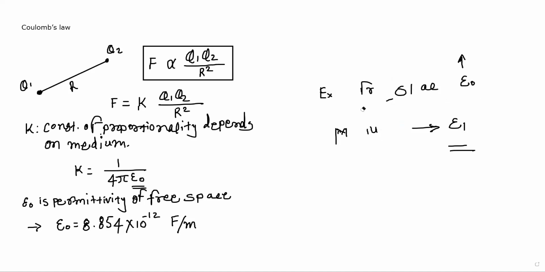So for free space, it's 8.854 into 10 raised to minus 12 farad per meter. I hope you remember this. Let me tell you another value. If you calculate that, you will find the same. This value is used for calculation simplicity.